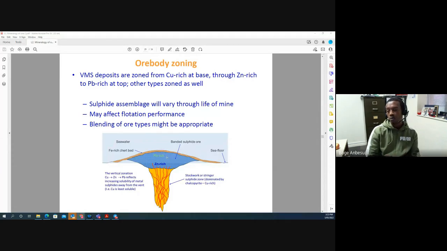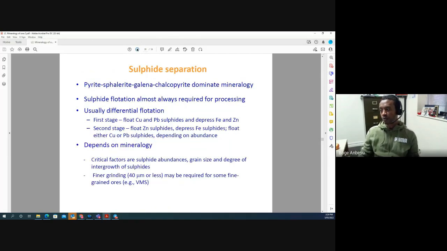That's why you need to come up with a strategy to blend everything so that once you put it through the plant, you can recover the copper, the zinc, and the lead all separately. So you produce the copper as a concentrate, lead as a concentrate, and zinc as a concentrate as well. That's one of the issues related with, for example, processing VMS deposits. And therefore that variation in mineralogy actually presents a challenge for processing.